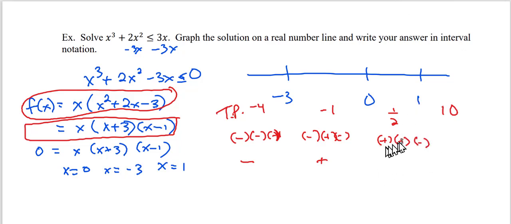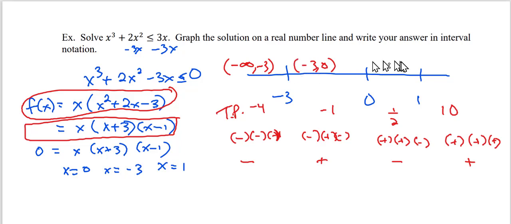So the product of a positive and a negative is negative. And then for 10, it's positive, positive, positive. So all positives there. Remember, this interval is negative infinity to negative 3. This is negative 3 to 0. This is 0 to 1 and 1 to infinity. So we just tested each of those intervals.